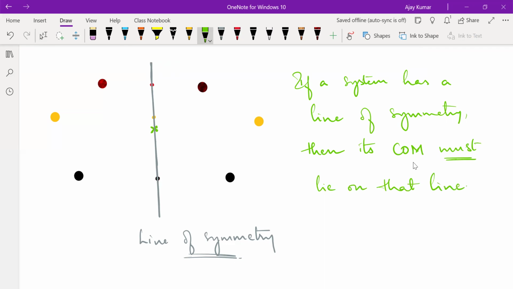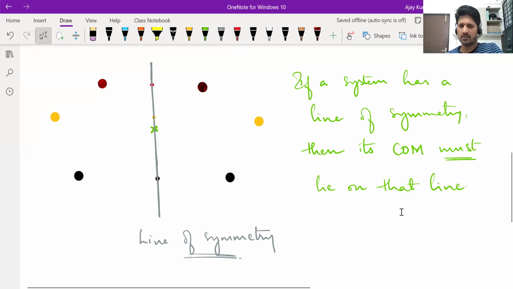See, I've taken 6 particles such that there is a symmetry. And we understand that for every symmetric pair of particles, the center of mass lies on the line of symmetry. Then for the entire system also, it should lie on that line of symmetry. Do you all agree with this or not? Is the idea clear?